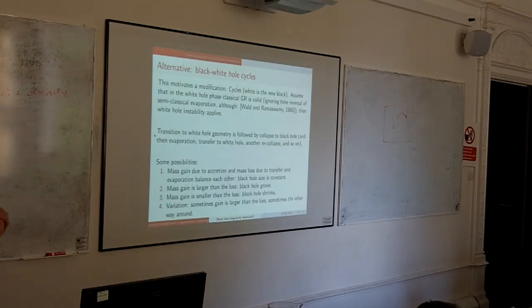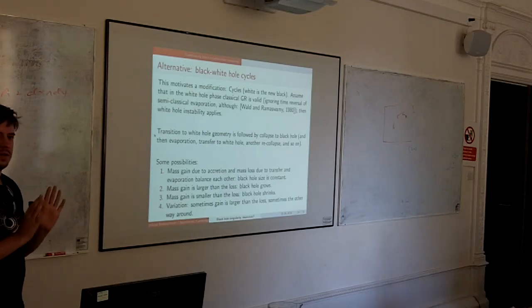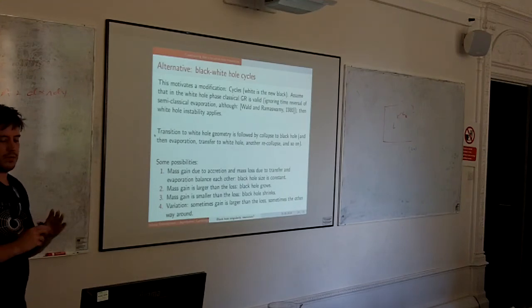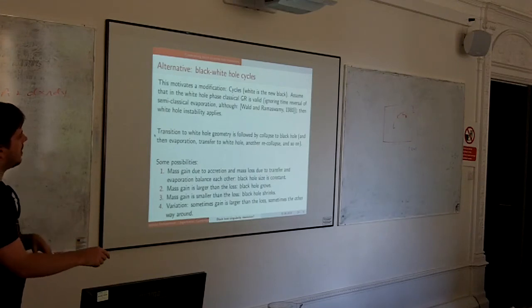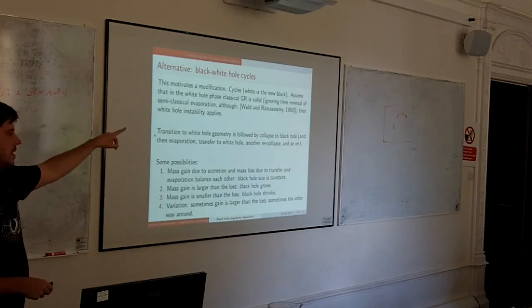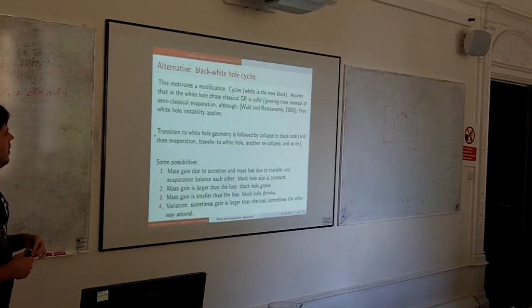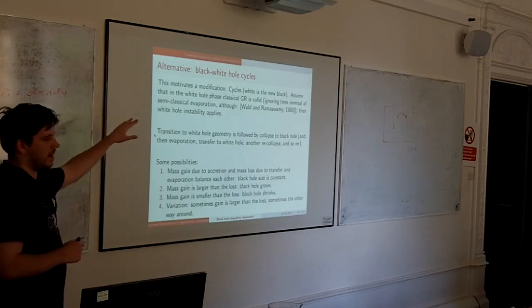So assume that in the white hole phase, classical GR is a valid theory. So in particular, I'm ignoring time reversal of the semi-classical evaporation, but there are some arguments in the literature to the effect that white hole instability also arises in time reverse of the semi-classical evaporation. But assume that GR is valid.